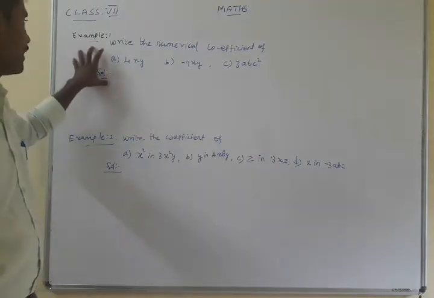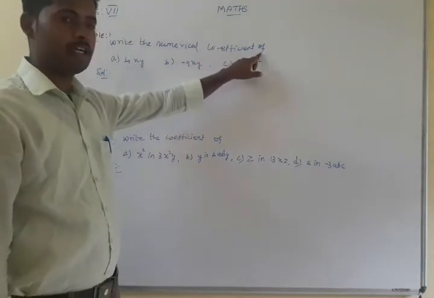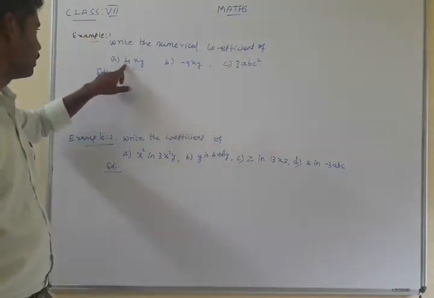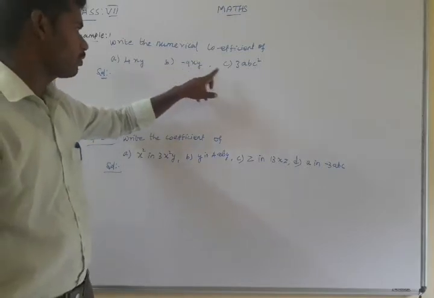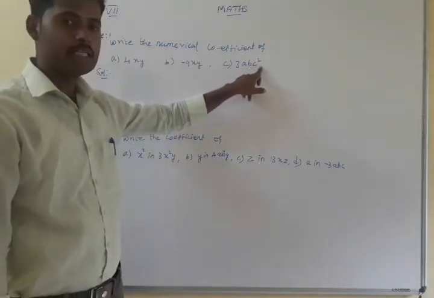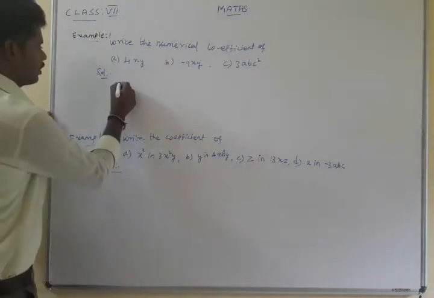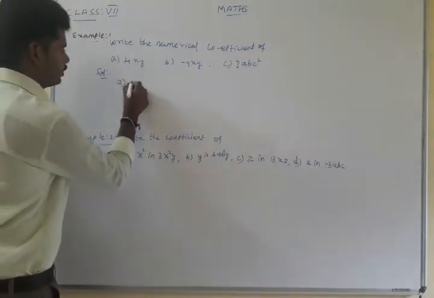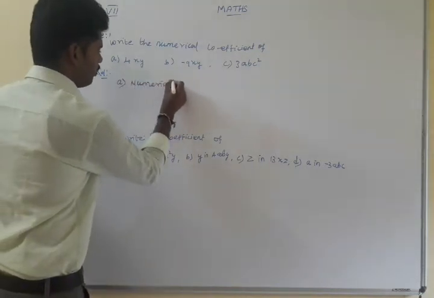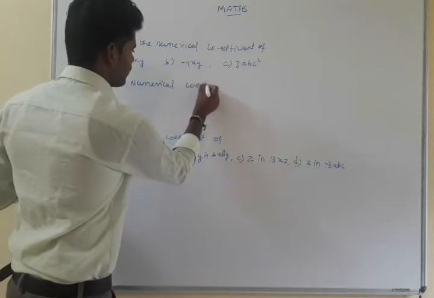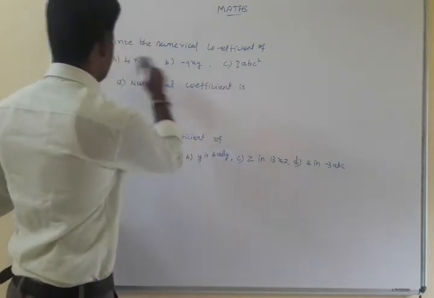Next one, example sums. Write the numerical coefficient of A, 4xy; B, minus 9xy; C, 3abc square. Here find the numerical coefficient. First one, A: the numerical coefficient is 4.